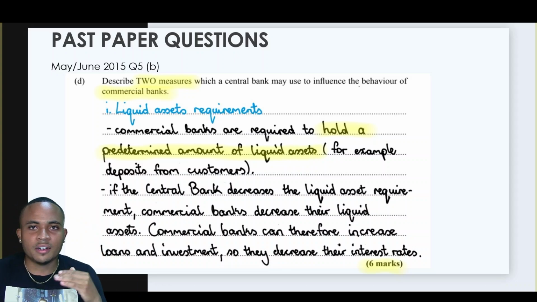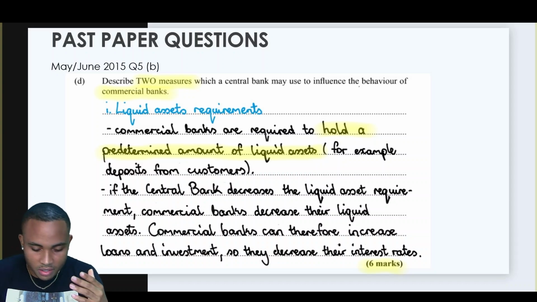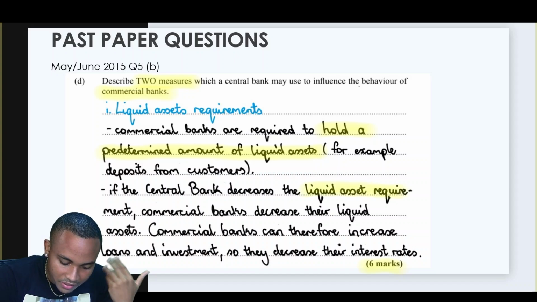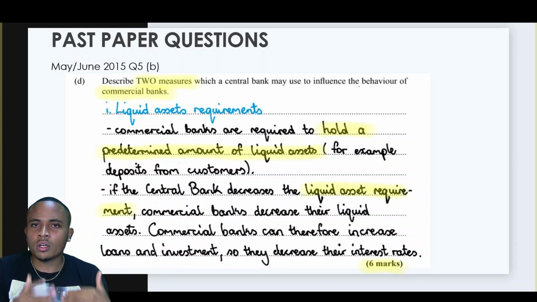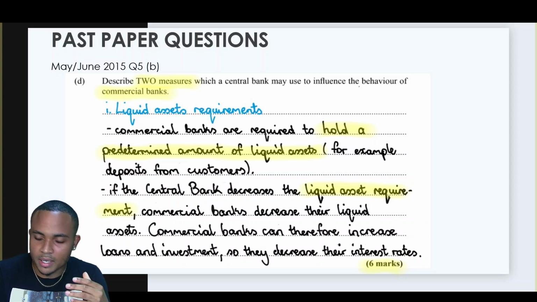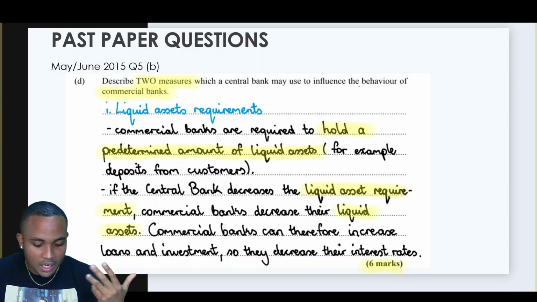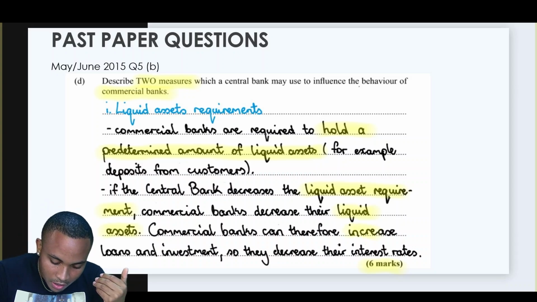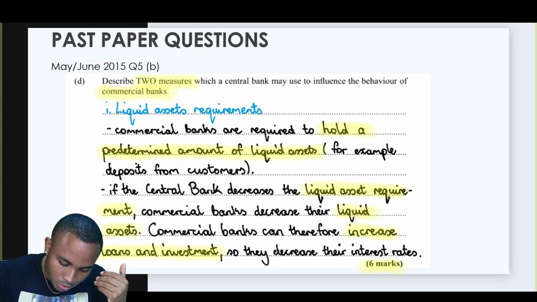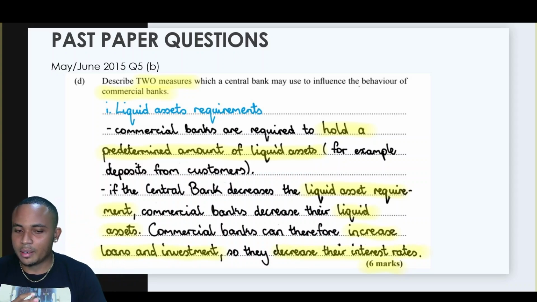And then, to get the next mark, if the central bank decreases their liquid asset requirement, the commercial bank will decrease their liquid assets, and how do they do that? They'll increase their loans and investments, which will happen through a decrease in their interest rates, as we just described.